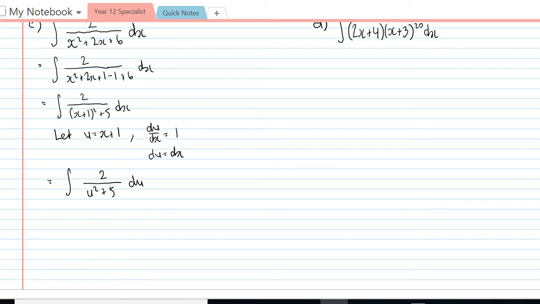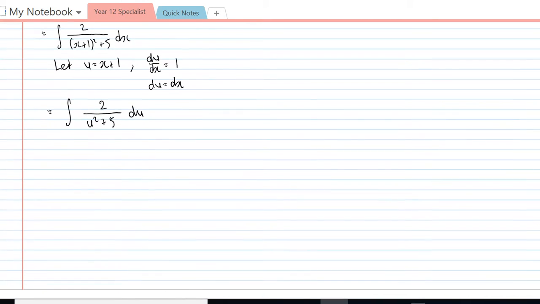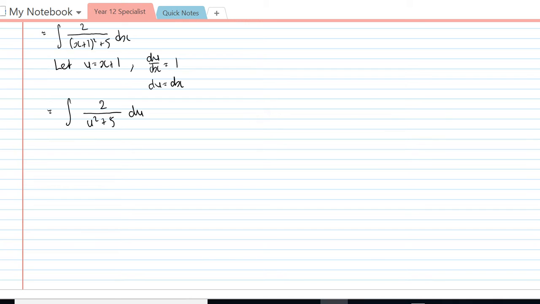Now this looks quite similar to the antiderivative that gives the inverse tan function. So the problem is that I need this number here in the numerator to be a square root 5 for that to work. So to begin with, I'm going to just move that 2 outside the integral, because I can move it through like that, and that leaves me with 1 over u squared plus 5 du.